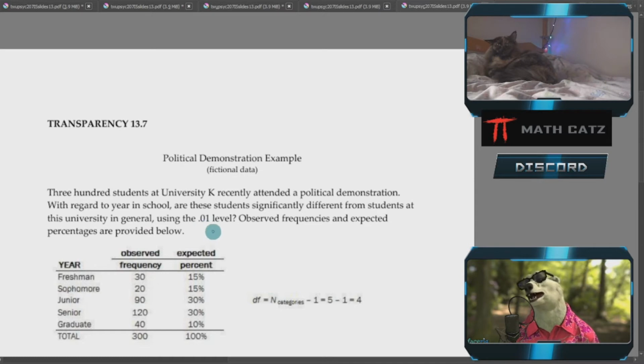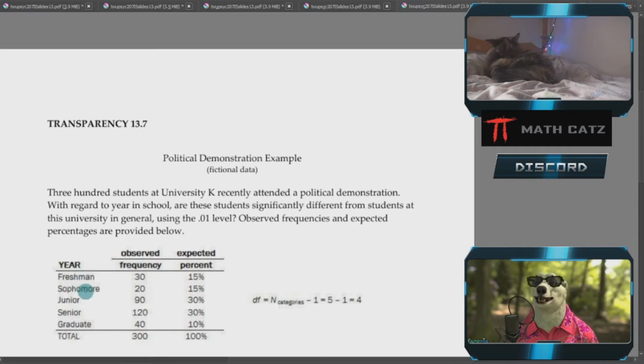And we're using a 1% alpha this time just to mix it up. So we get our observed frequencies and compare that to the expected frequency. So we observed 30 freshmen, 20, 90, 120, and 40 graduates for a total of 300. And in general, we expect these percentages to attend.